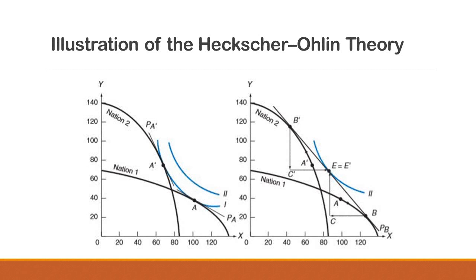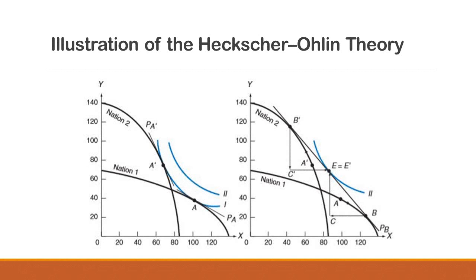Terms of trade shows the ratio of the price of the export commodity to the price of the import commodity when we are considering only two commodities. If we are considering many commodities, terms of trade is the ratio of the price index of export commodities to the price index of import commodities.